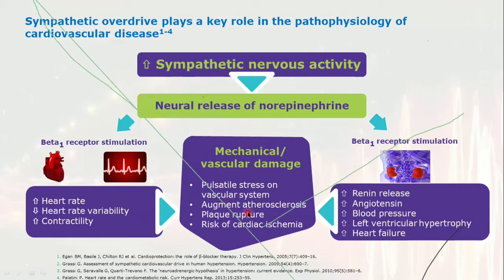There can be a plaque rupture in a stressful condition, which we have all noticed, that whenever there is sometimes a severe grievance which occurs in the family, or any other incident, this can cause a sudden rupture of the plaque, which may be a small one, and which results in an infarction, and there's always a risk of sudden death in these individuals. So this is how the sympathetic nervous system overactivity can create cardiovascular problems in our bodies.